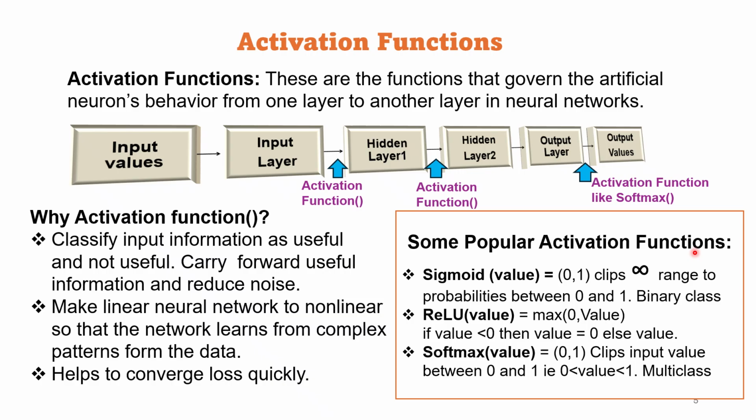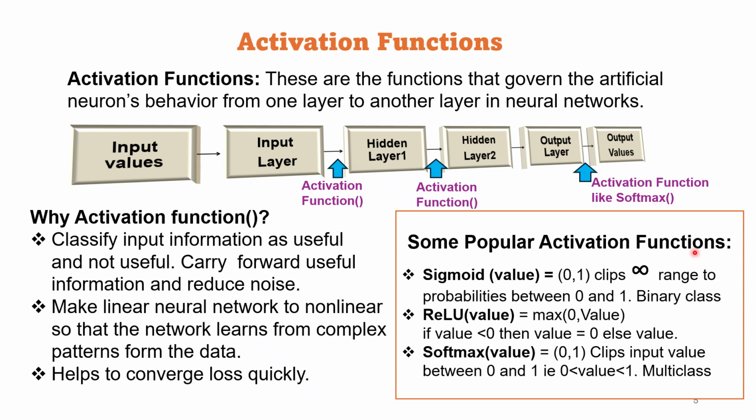Next, rectified linear unit. A ReLU unit clips each value less than 0 to 0. If the value is minus 5, then the value is reset to 0 as minus 5 is less than 0. If the value is 5, then ReLU does not clip the value because 5 is greater than 0.